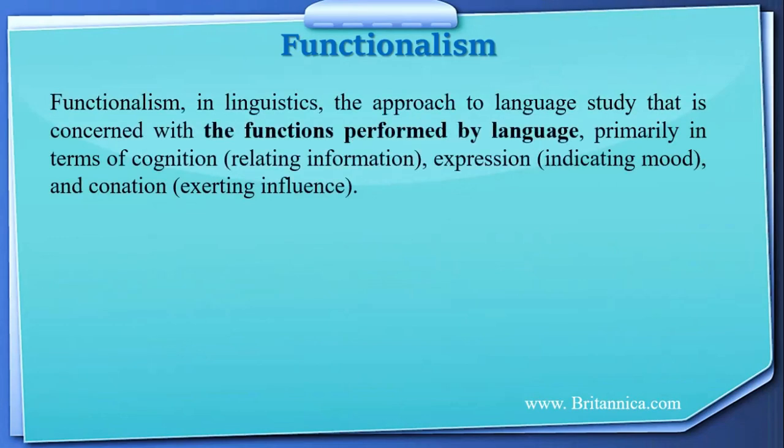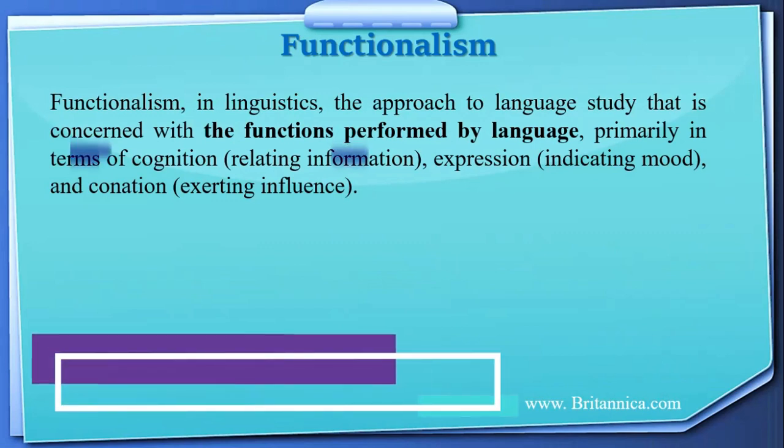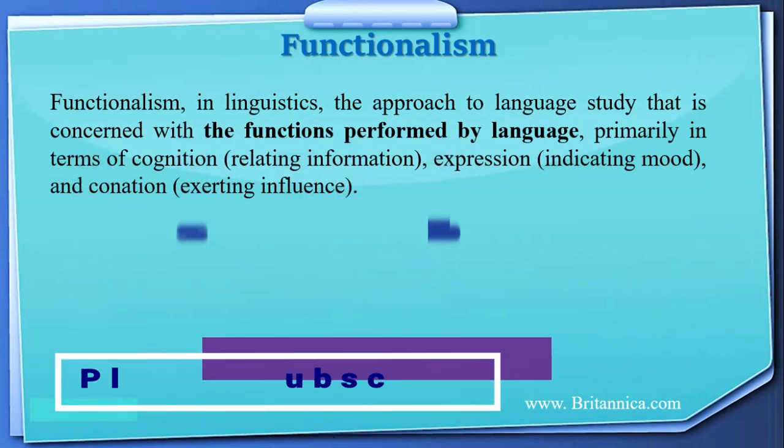Functionalism in linguistics is the approach to language study that is concerned with the functions performed by language, primarily in terms of cognition, relating to information, expression, indicating mood, and conation, exerting influence. So there are certain functions of language according to this text, and those functions could be related to mind or to our mood.